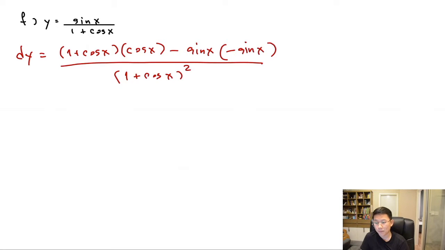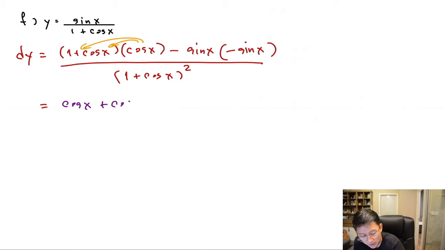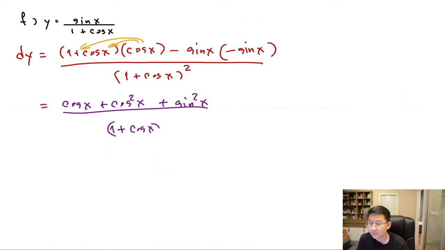Okay, and here I just distribute cos x into the parentheses. So I have cos x plus cos squared x plus sine squared x divided by 1 plus cos x squared.